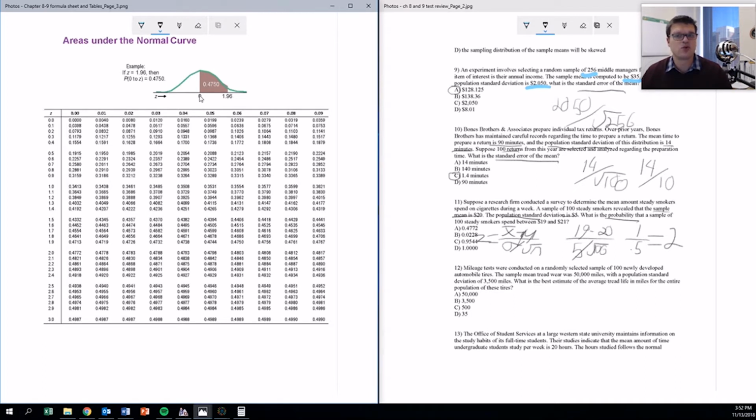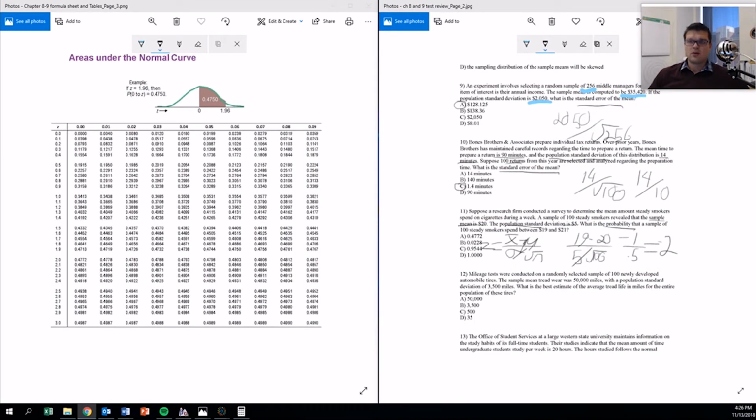sample will spend between 20 and 19. Sorry, I messed up. 19 minus 20 is -1. So that gives us a z-score of -2.